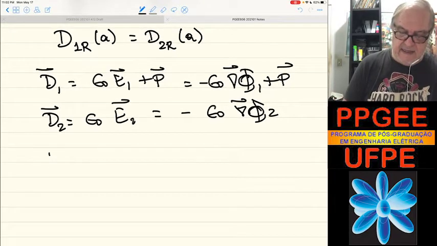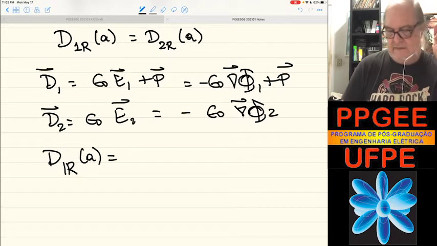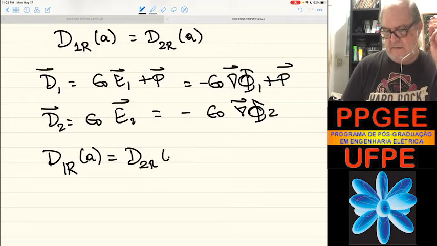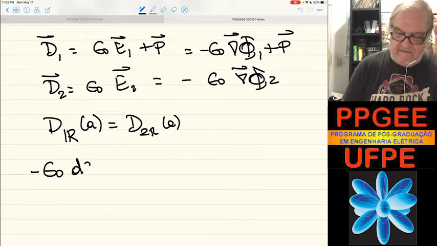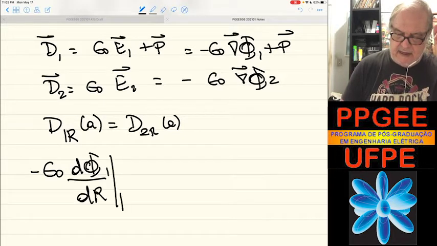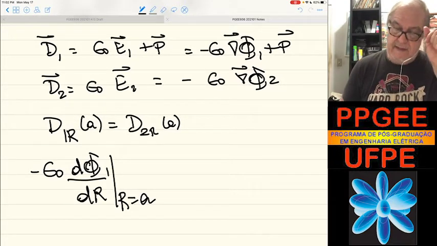So it means that the continuity of the normal component will give me minus epsilon 0 d phi 1 dr at r equals a.